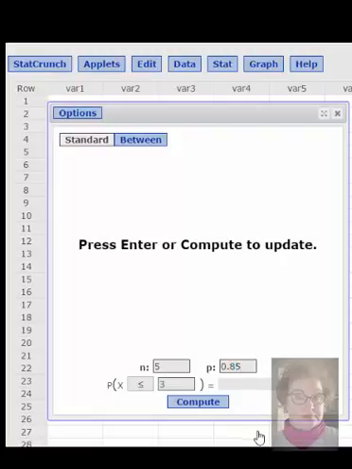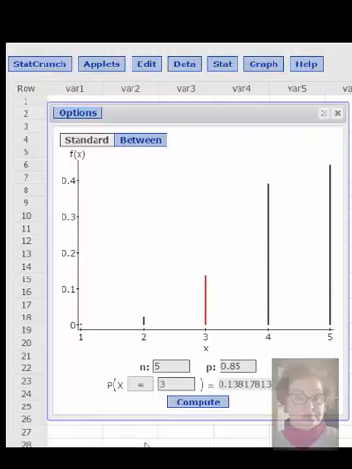So again, we're looking at samples of size 5. Will we have exactly, I need to change that operator, exactly 3 adults out of 5 who have heard of Twitter, and we get a probability of 0.138, and that's exactly the same thing we did when we did it by the formula.